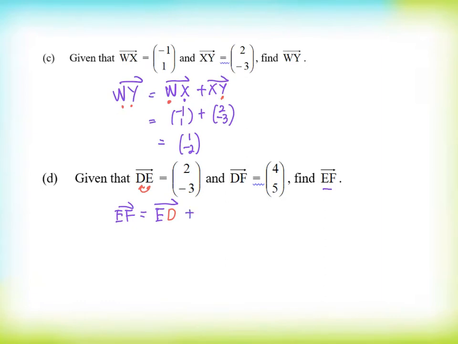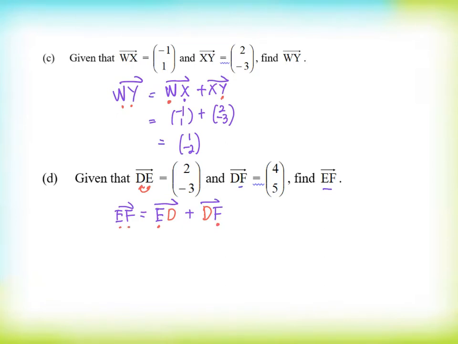I'm going to start off at D. And now I can travel to F. Is related. So I'm going to use this vector. I'm starting off at E, end off at destination F. So this will be EF.